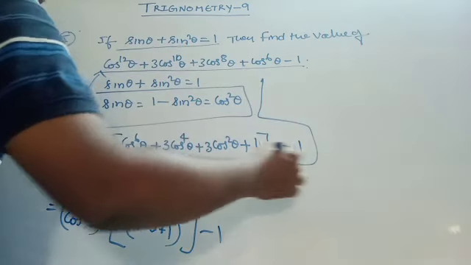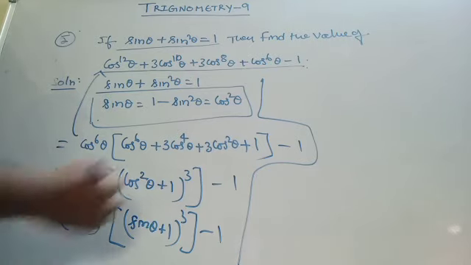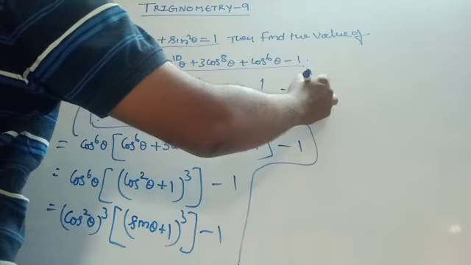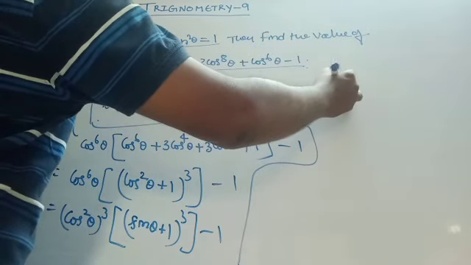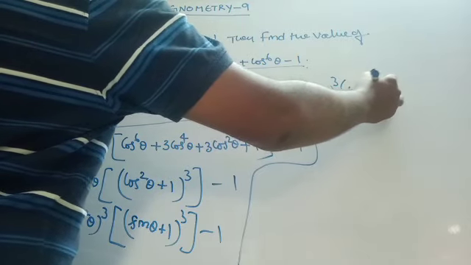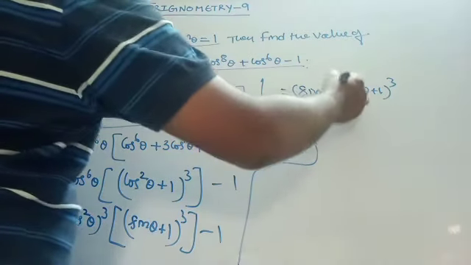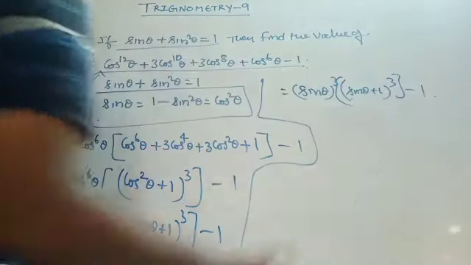How beautifully these are all simplifying, you please observe. Now cos square theta becomes sine theta. Therefore I can write this as sine theta whole cube into sine theta plus 1 whole cube, that total thing, and minus 1 we have here.